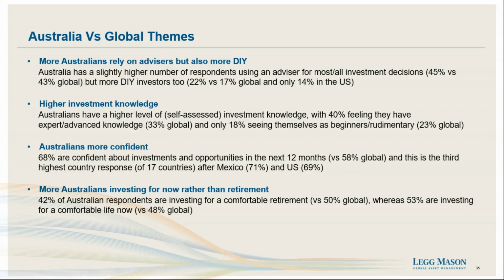And one of the things that we take from that is we think this is to do with the compulsory pension system. I think there's a sort of sense that superannuation and compulsory savings will provide for me in my retirement, so I can think more about my short-term needs. And it was just an interesting comparison to other parts of the world which obviously don't benefit from the super guarantee.